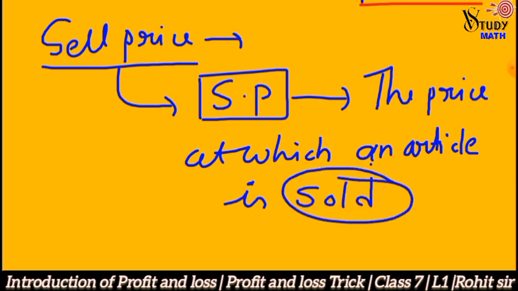I hope you understand. It is a very easy thing. What is the selling price? The price at which an article is sold is known as selling price of that article.